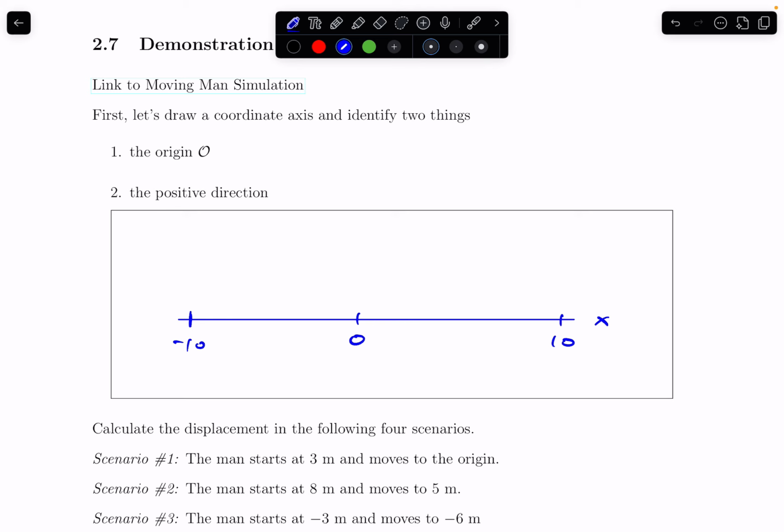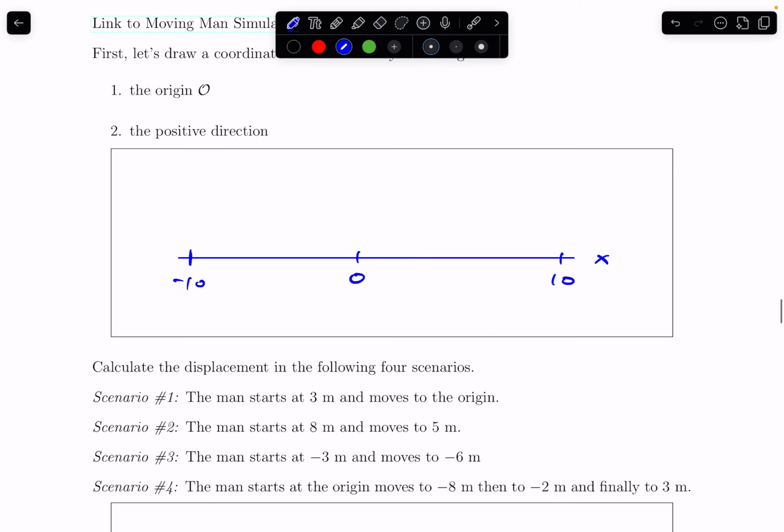I'll do this. So 0, -10, and 10, with some indication of what direction you're calling positive. All right, simple enough. Good.